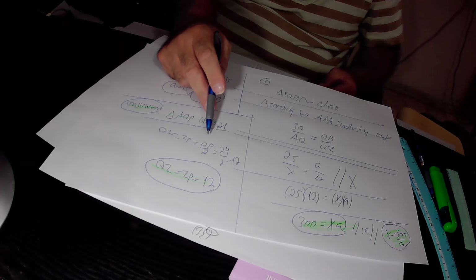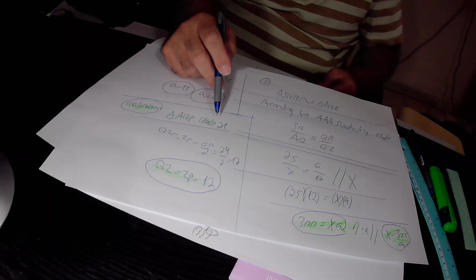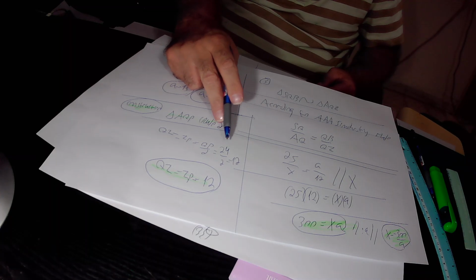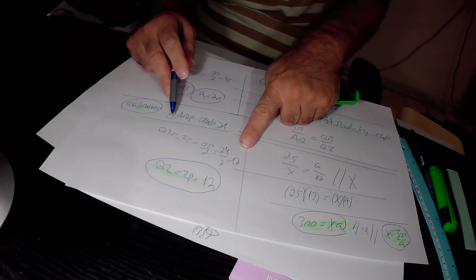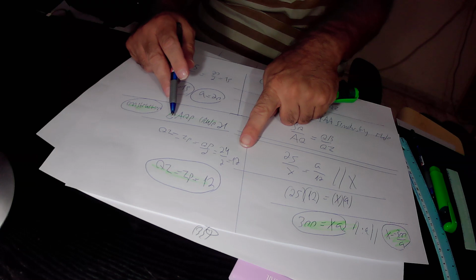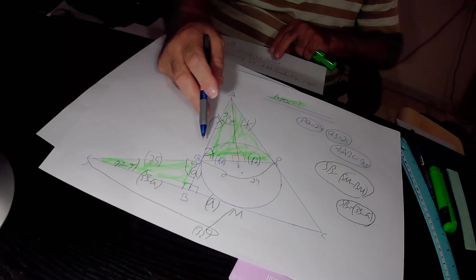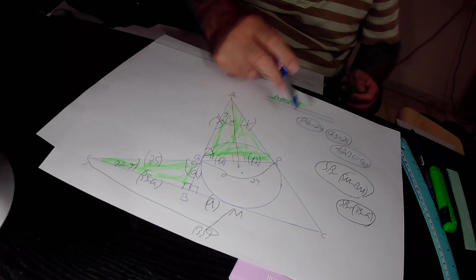Each half equals QP over 2. QP is 24, and 24 over 2 is 12. So from this equation, QZ equals ZP equals QP over 2 equals 24 over 2 equals 12. We derive that QZ equals ZP equals 12.